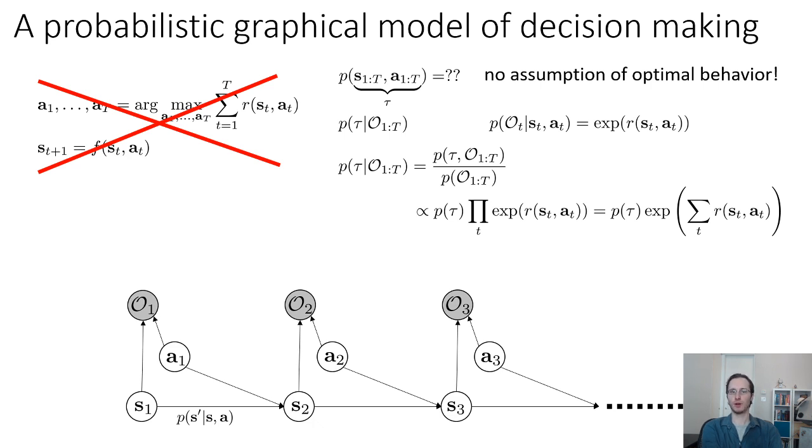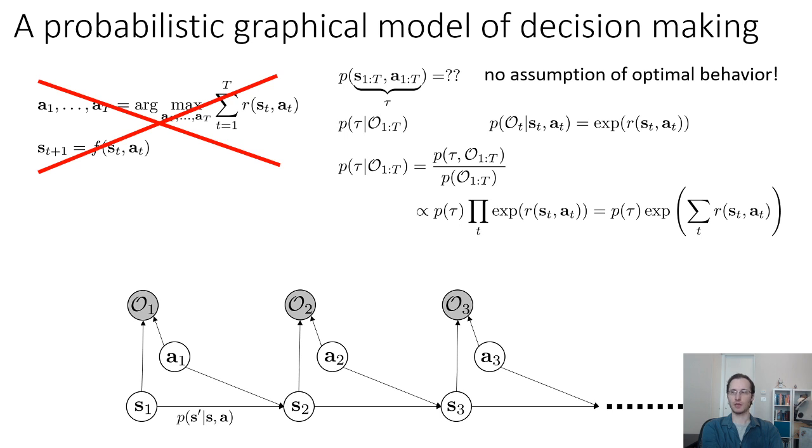Now we know that a product of exponentials is the exponential of the sum of the exponents. So we can equivalently write it in a way that is maybe a little bit more suggestive of what this thing is doing as P of tau times the exponential of the sum of rewards along that trajectory. Now, this should immediately give us some fairly appealing intuition for what this framework is doing.